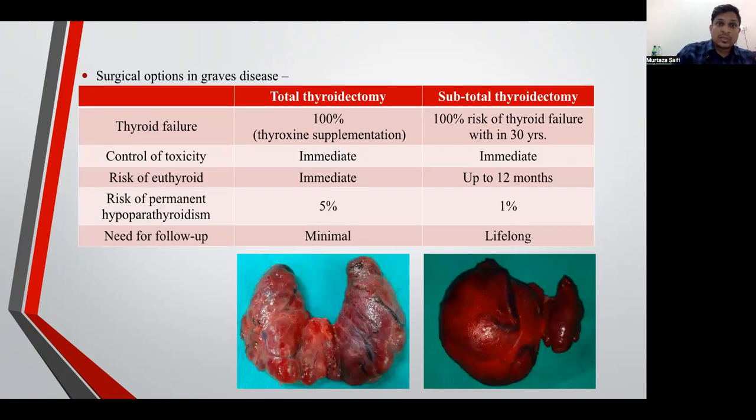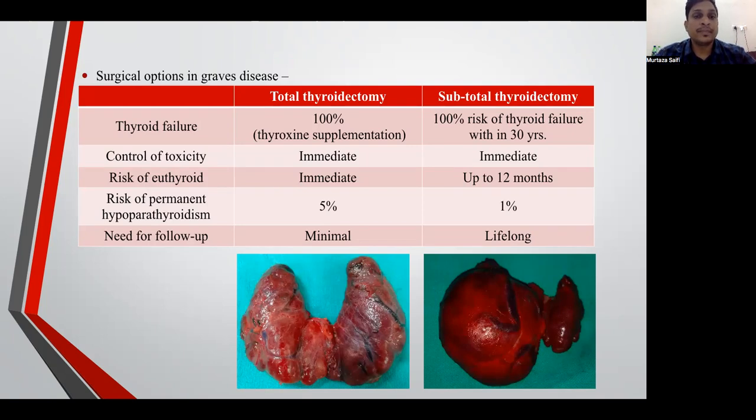Now here are the surgical options in Graves' disease. You can see the total thyroidectomy and subtotal thyroidectomy. These two pictures you can appreciate. Thyroid failure is 100% in total thyroidectomy, so thyroxine supplementation has to be given, and there is a 100% risk of thyroid failure within 30 years in subtotal. Control of toxicity is immediate in total thyroidectomy. It is also there in subtotal thyroidectomy.